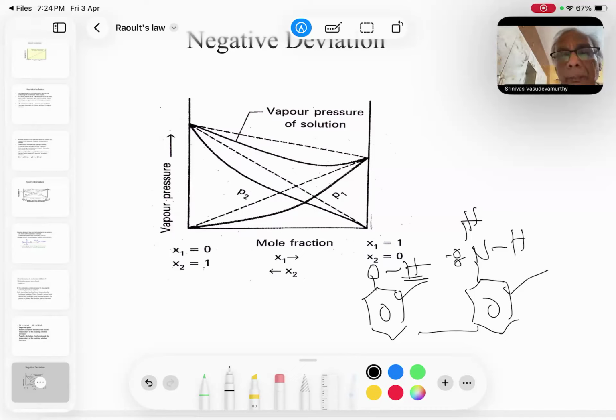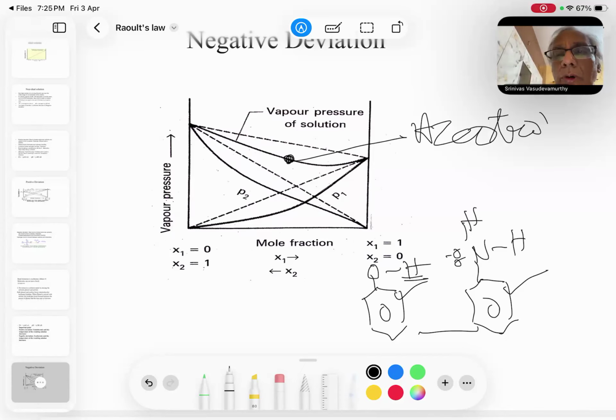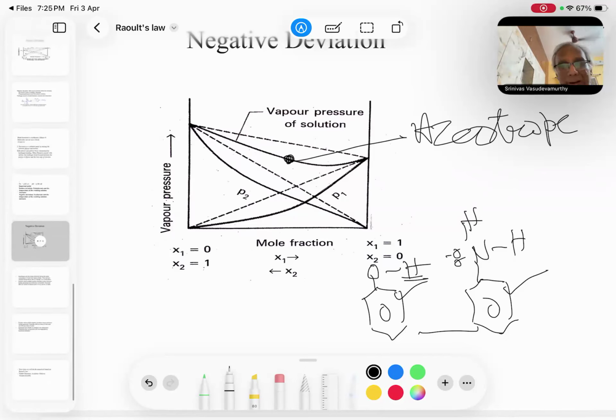I'm going for the minimum now. So this is the minimum value. This forms an azeotrope here. So with negative deviation, the vapor pressure is decreasing, but the temperature of the solution will increase. That is negative deviation, right?